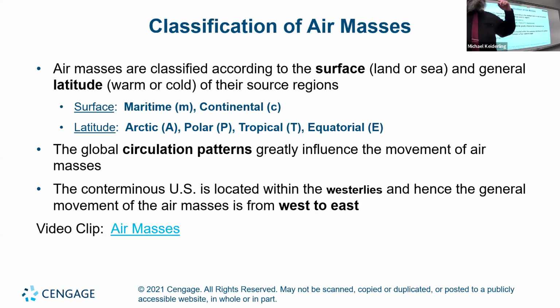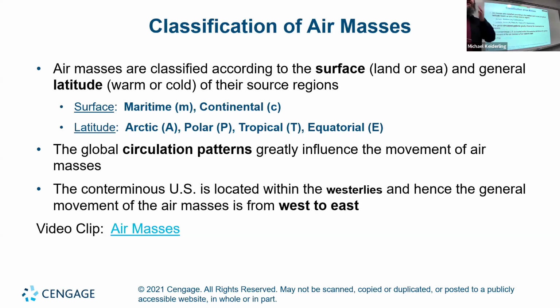Then we have tropical, which is warm, capital T, and equatorial, capital E, that's the warmest. In general, in the US, you get maritime and continental, polar and tropical. You can get a little bit of Arctic. You don't really get any equatorial here in the US.